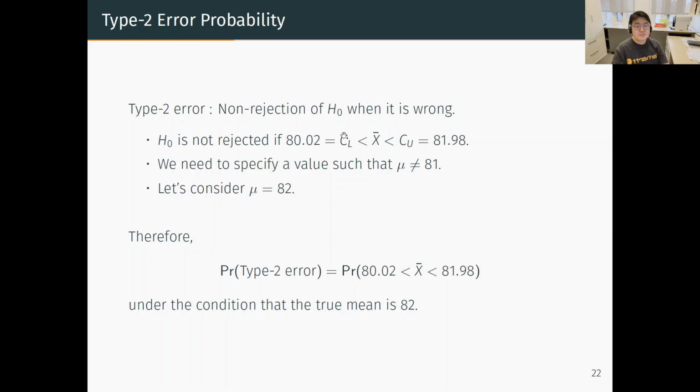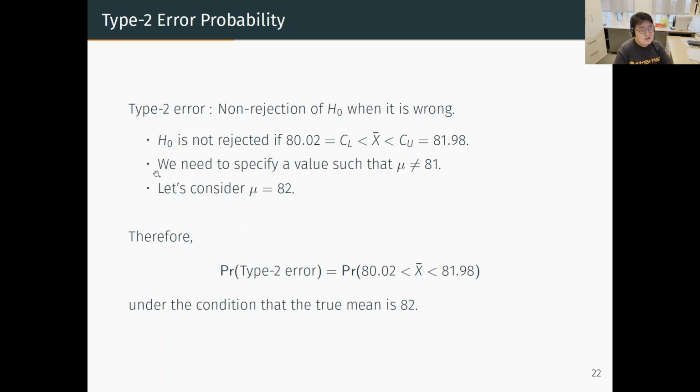So we have to choose an arbitrary number to do the algebra. Here, I will consider 82. It could be 83 or it could be 80, but as a numerical example, I will show you 82. But you can use any other number except for 81. Whatever number you use, you can calculate type 2 error corresponding to the truth.